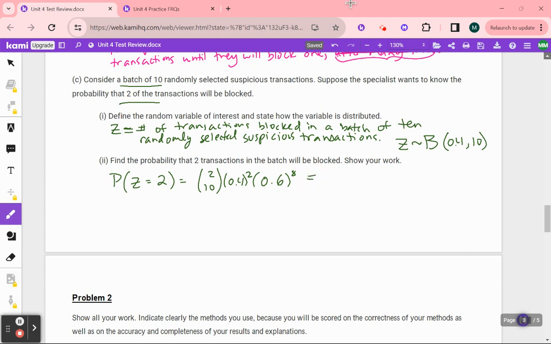And if you do that, you should get 0.1209. Or you could show your work by doing binomial PDF with n equals 10, p equals 0.4, and x equals 2, which will also get you 0.1209. Done with that problem.